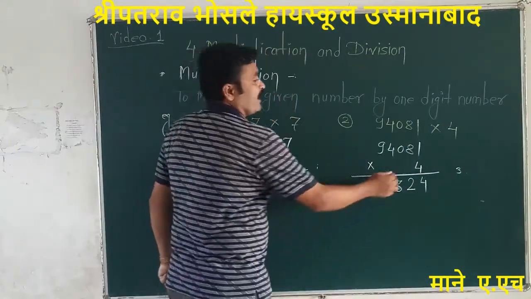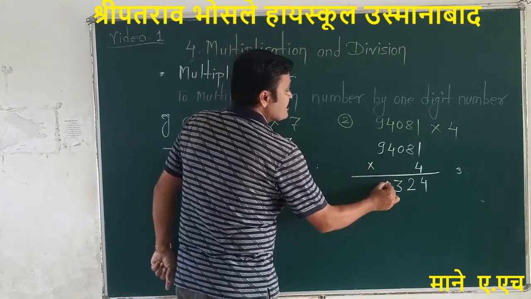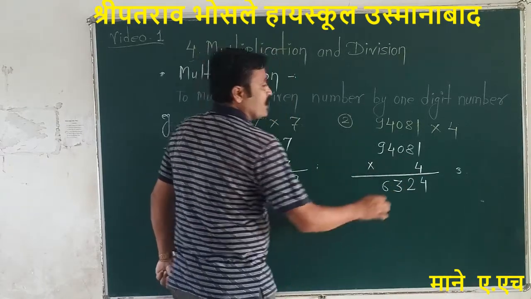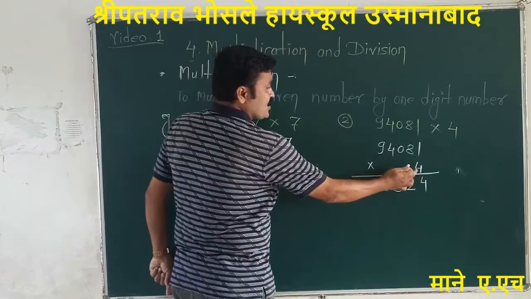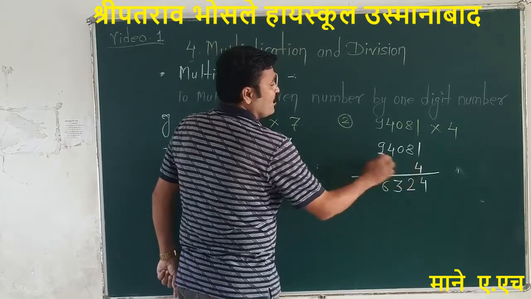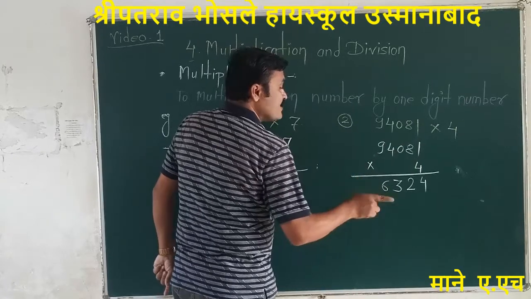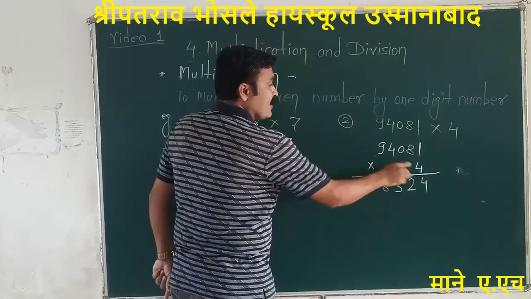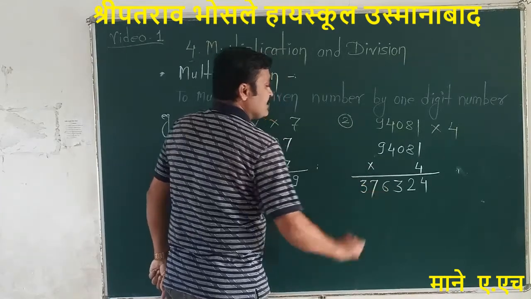Now the next multiplication. 4 into 4, that means 4 fours are 16. For 16 we write 6 here, and 1 is taken as carry. Thereafter 4 into 9, this is the last multiplication. 4 nines are 36. 36 plus 1 is 37. Because this is the last multiplication, we write 37 as it is.